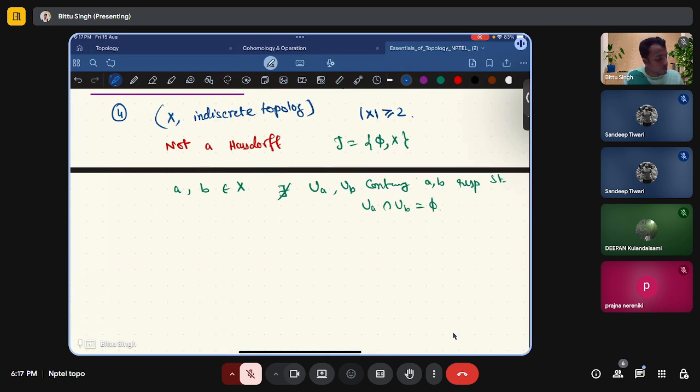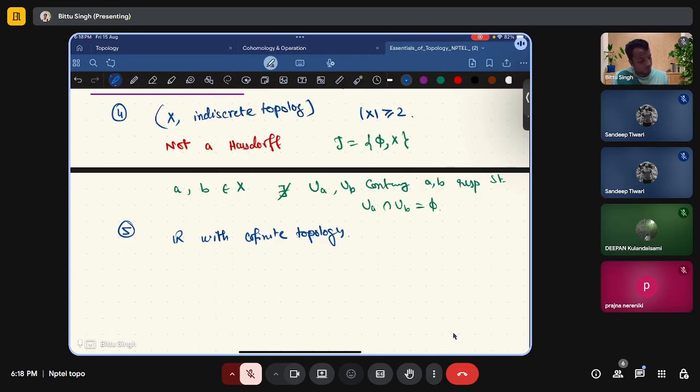Let us see some non-trivial example. Consider R with the cofinite topology. The question is: is it Hausdorff? Let us see.